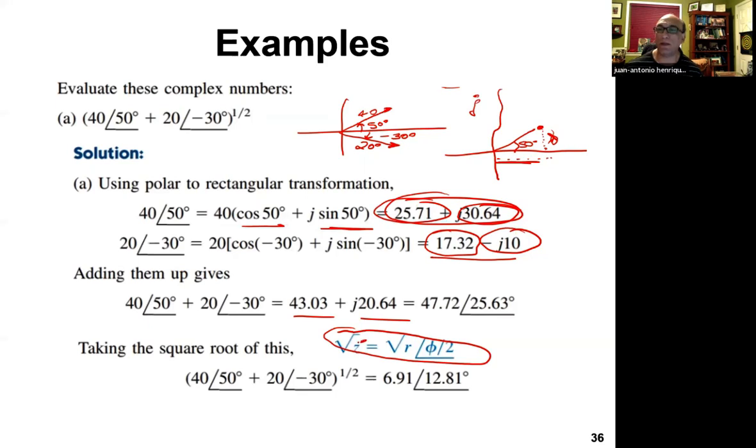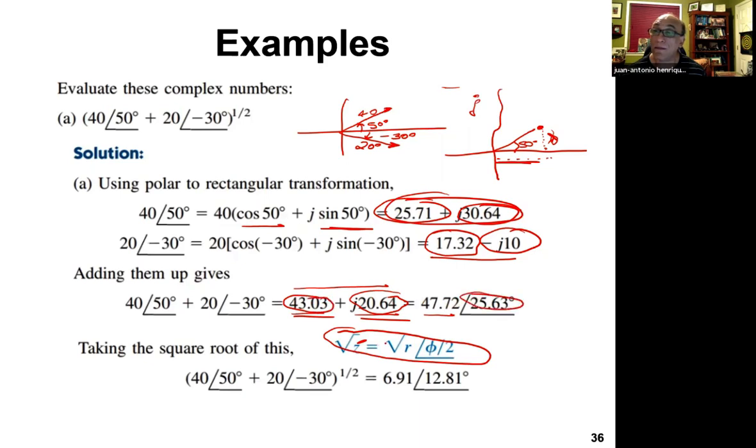So we have the expression in rectangular coordinates, and we can simply put this in polar coordinates. We add the square of this number plus the square of that number, take the square root, and you get that. Then you take the arctangent of the imaginary part over the real part, and you get this angle.